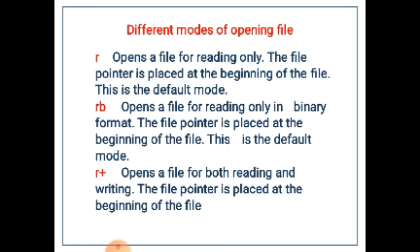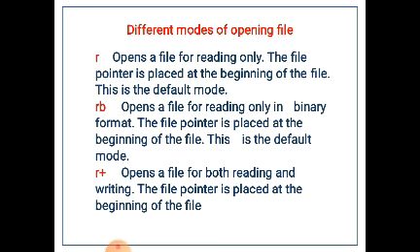When we open the file with small r, that means the file has been opened only for reading. The file pointer will be placed at the beginning of the file, and this is the default mode. So whenever you open a file, this will be the default mode: r meant for reading, file pointer at the beginning.